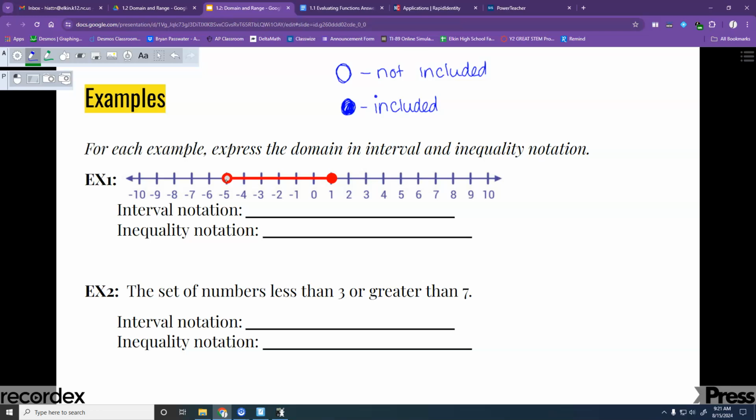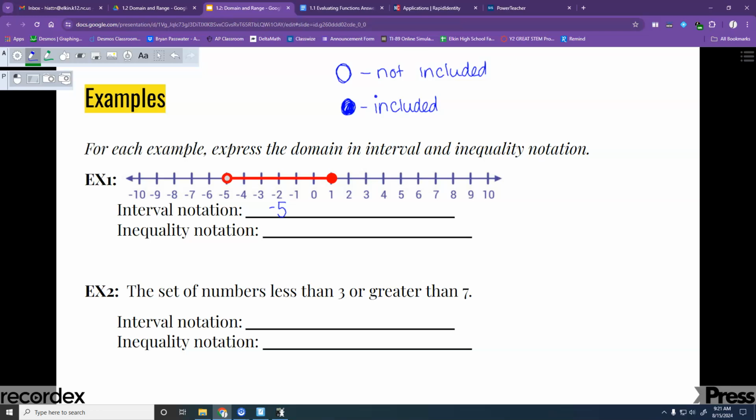As far as giving me answers, you can use either one. But just know some of the problems, like if I give them to you multiple choice, which I will, several of them might have the answers in interval notation, or in inequality notation. So in interval notation, the lowest number I've got for my answer set here is -5. Do I need to use a parentheses or a bracket with that? Which one was the not included?